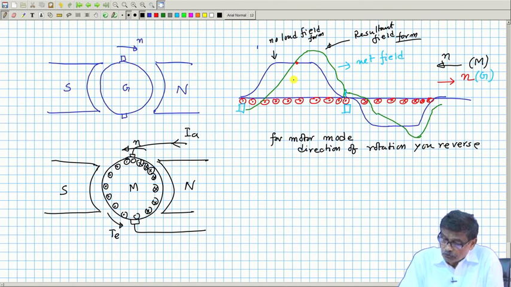But the important thing is this one. See, in case of motor mode, which one is the leading tip? Motor mode, this conductor coming in, you are sitting on this, you will first see. So, this is for motor mode, this is the leading pole tip, and this one is the trailing pole tip.